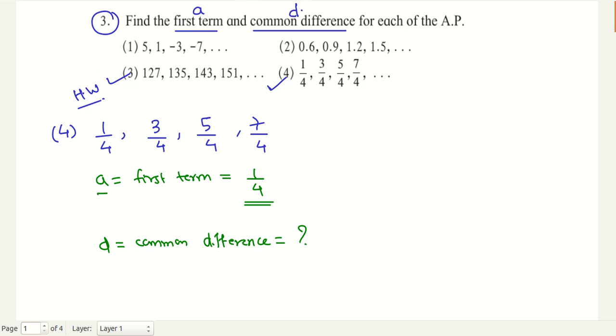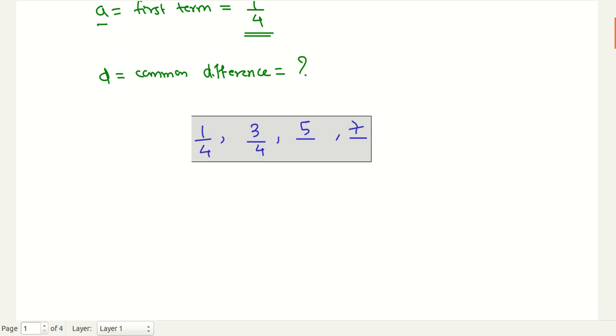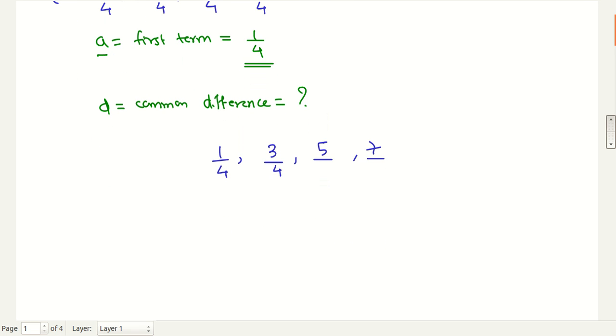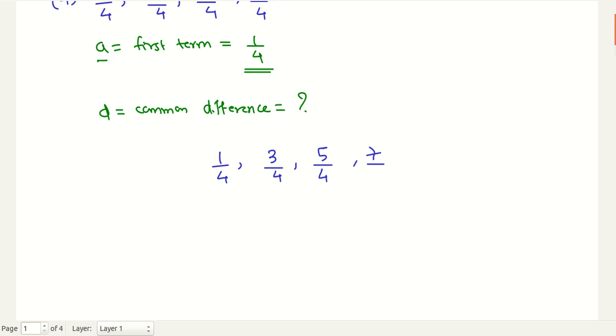So now for finding that, let us do one thing as we did for the other problems also. Let us take that series and find the difference. So it is 5 by 4, also 7 by 4. Now we know the formula for D. What is that?